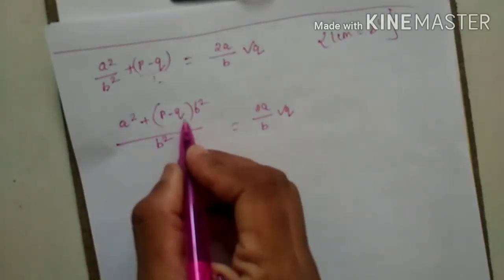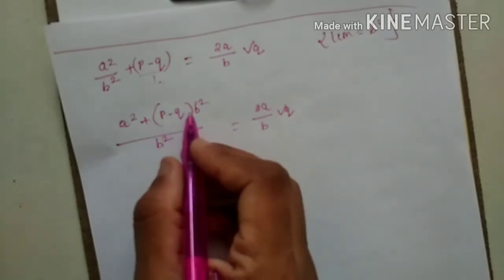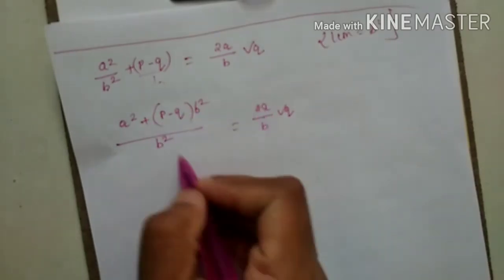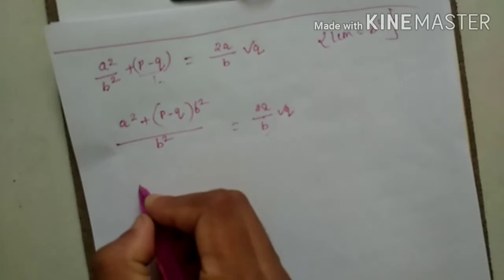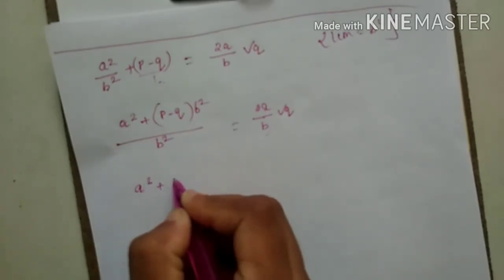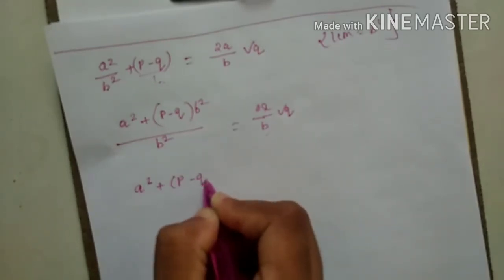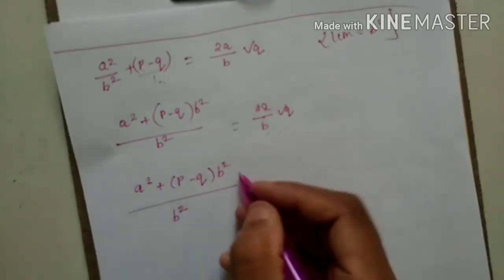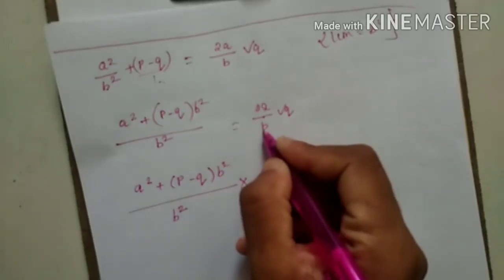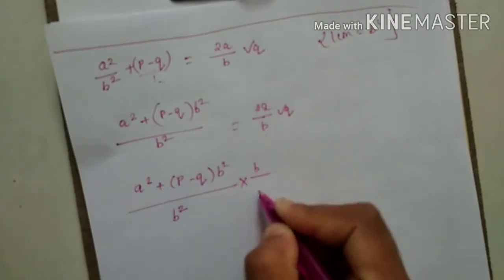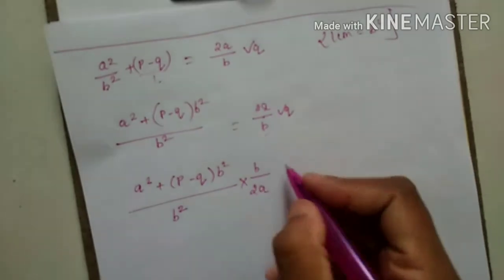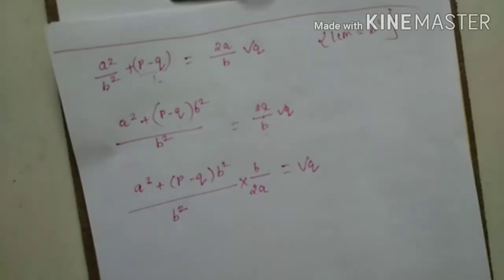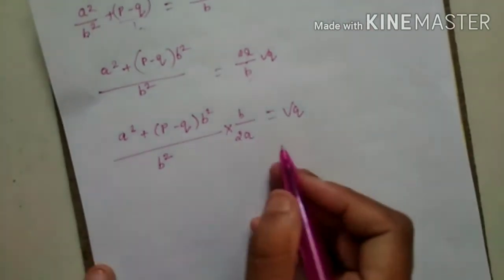Again you can see, I have to multiply inside, or I can do this, I can send this side as a multiplication. So what I am getting? a square plus p minus q b square upon b square, into this, b is dividing, it will go that side, multiplying upon 2a is equal to root q. After that just see.